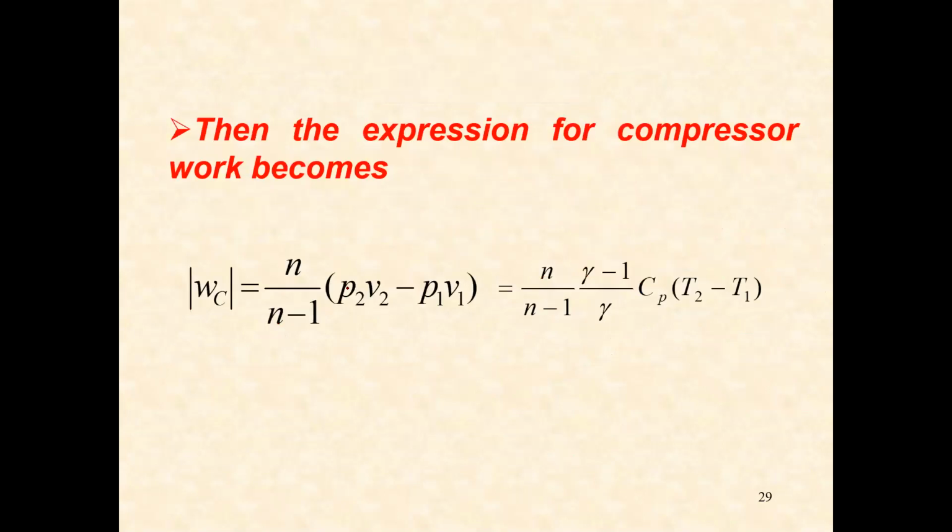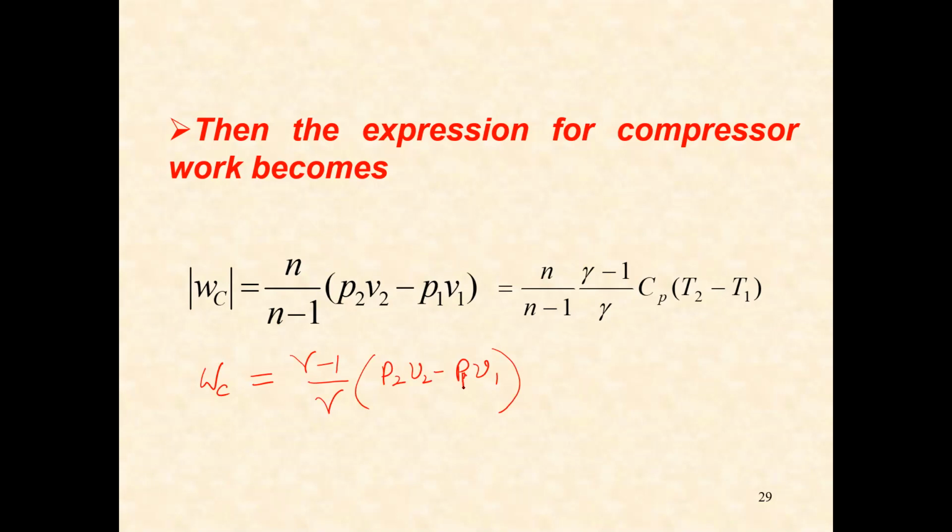Now, what is the expression for the compressor work then? In the previous case, if you remember, the expression for the work of the compressor in terms of gamma would have been gamma over gamma minus 1 into P2 V2 minus P1 V1. That was the expression for the compressor work.